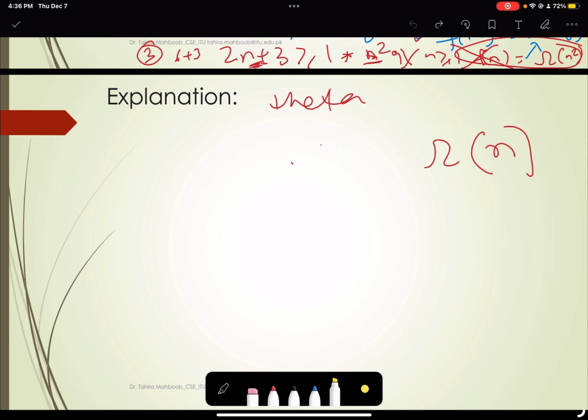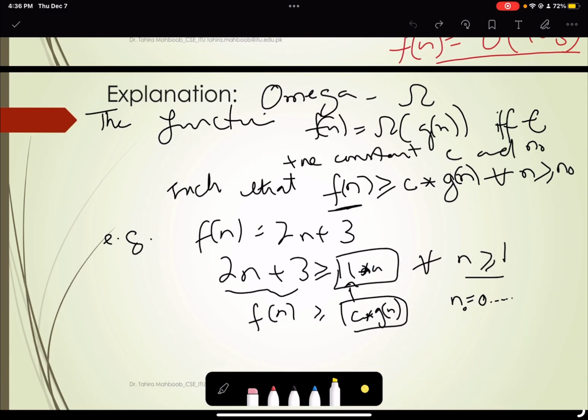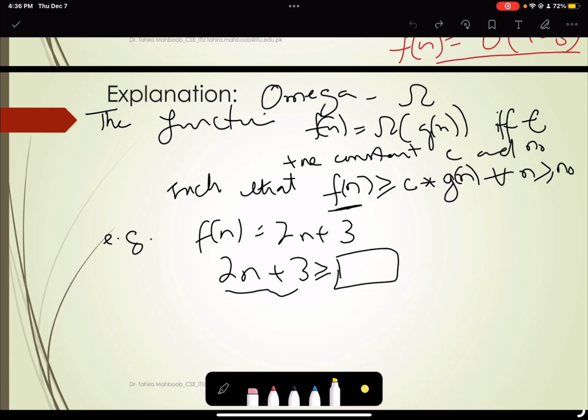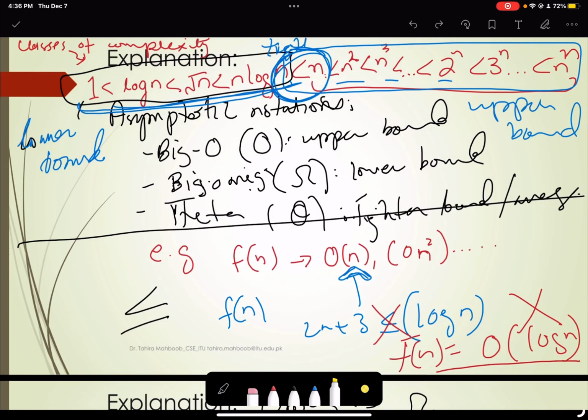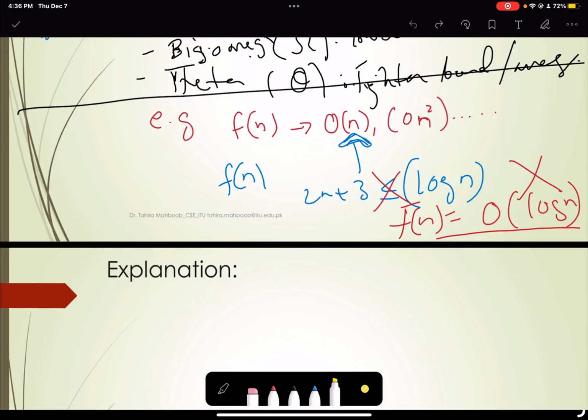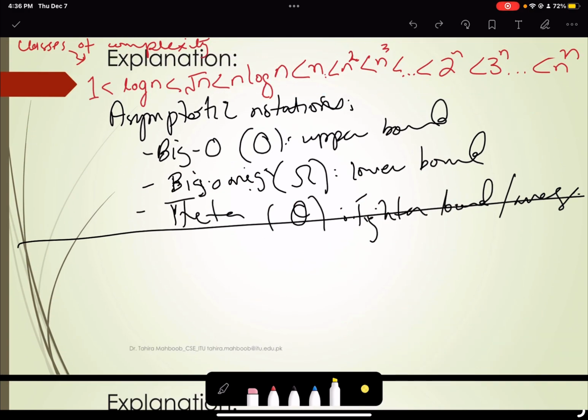So what about the theta that we say is the average case? Let us now study the average case. The average case, or the theta that we have here, we can represent it by definition.